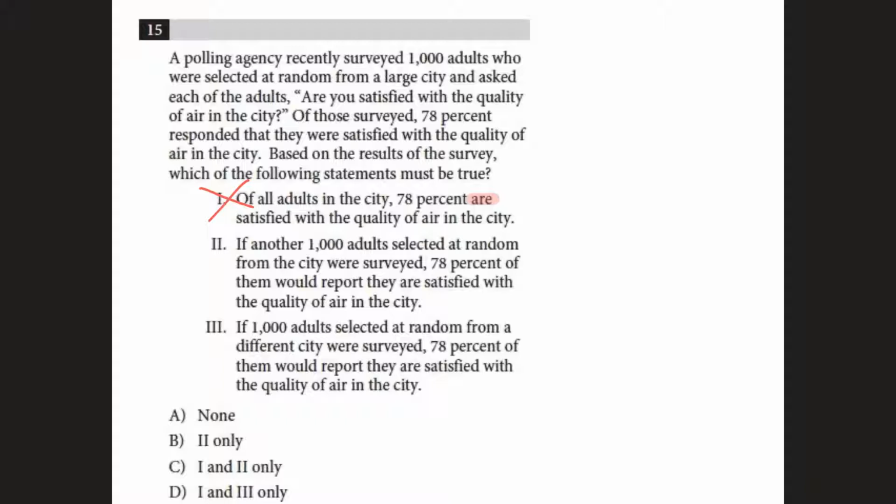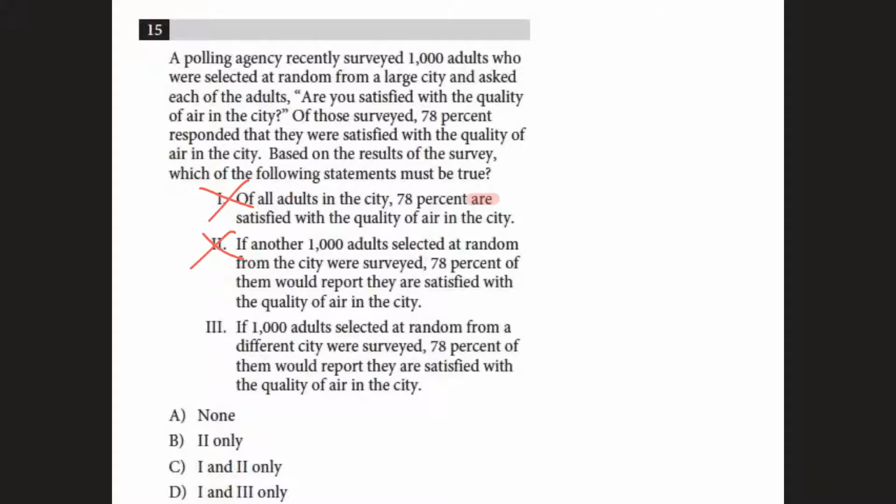Okay, number 2. If another 1,000 adults selected at random from the city were surveyed, 78% of them would report they are satisfied with the quality of the air in the city. Now, we're talking about an average of 78%. So if you took 5 samples, on average, you should be approximately close to 78%, but not necessarily exactly 78% of the surveyed would be satisfied with the air.